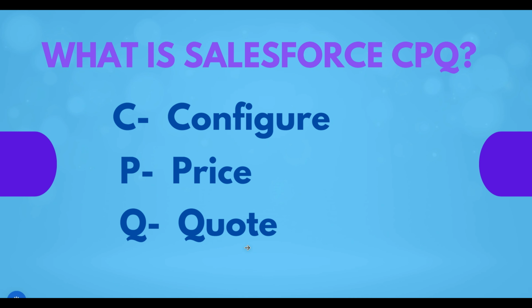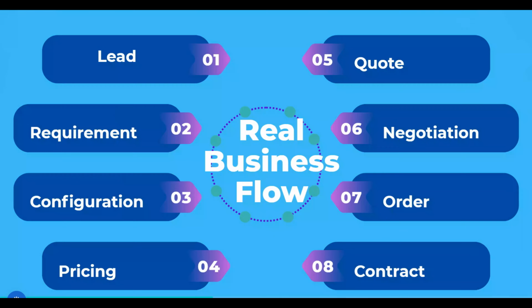CPQ helps the sales team first configure the right product or solution based on customer requirements, then calculate the correct pricing by considering factors like quantity, discount, bundle or custom pricing rules, and finally generate a professional quote that can be shared with the customer. So overall, CPQ helps organizations improve their sales efficiency, reduce pricing errors, and speed up the quote to cash process.